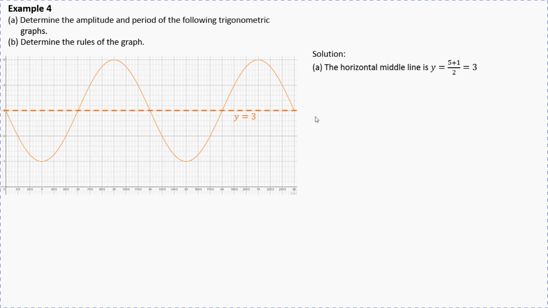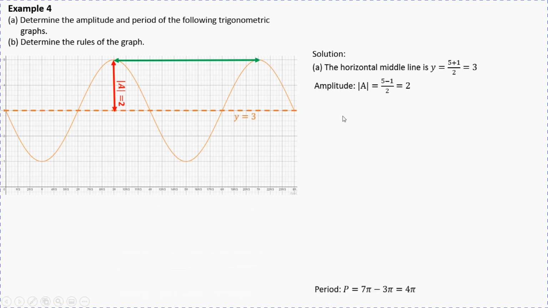You can use the highest point minus the lowest point, divided by 2. So that's 2. And the period should be 4 pi this time. You need to track the numbers on the x-axis. So those are the answers you need for part A.